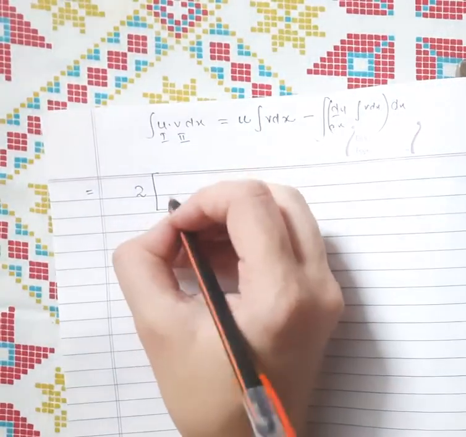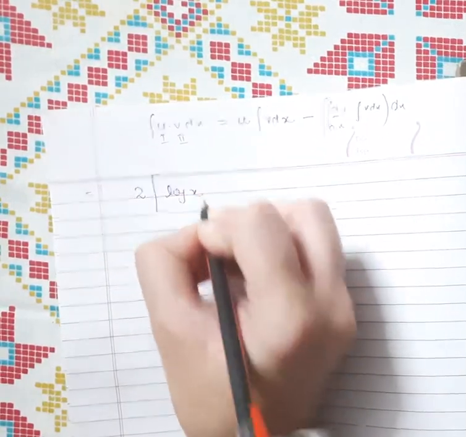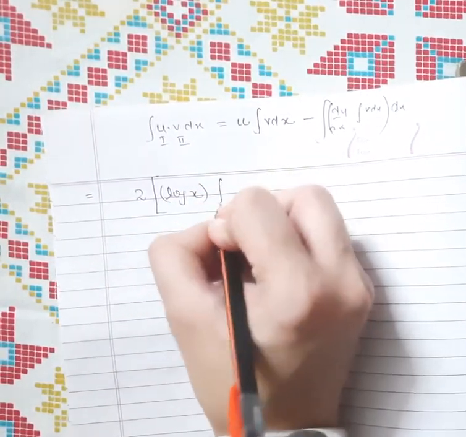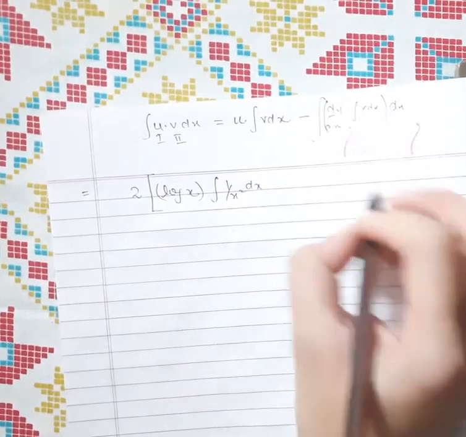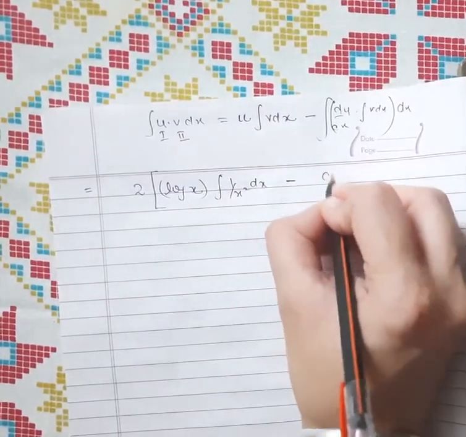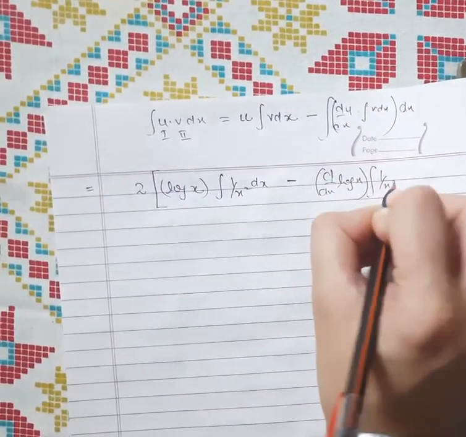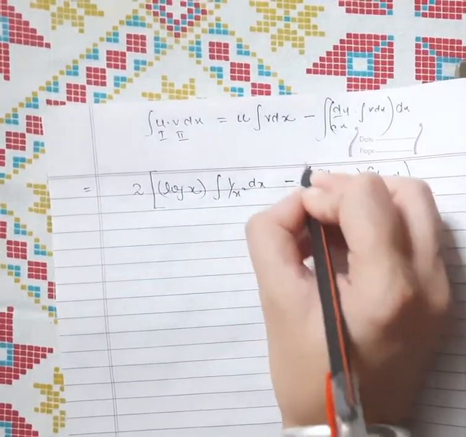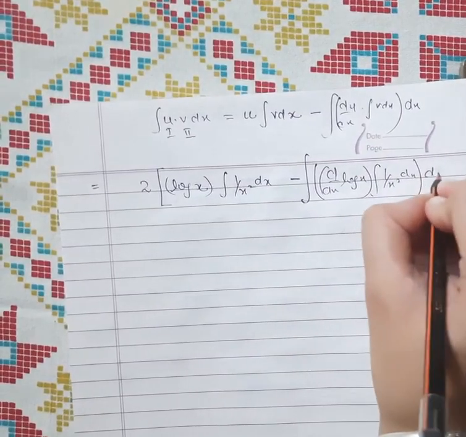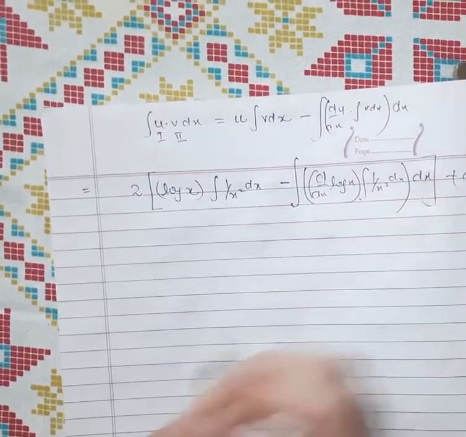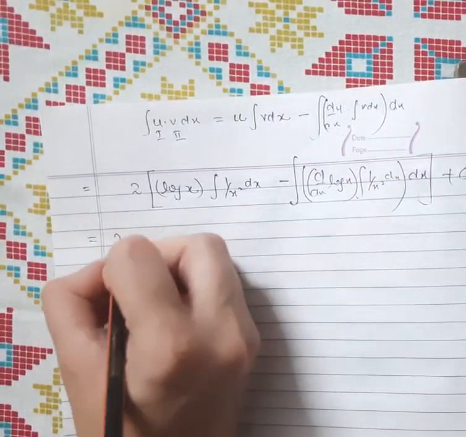This is what I am going to use here. So applying that, log x as it is, integration of 1 by x square dx minus derivative of log x, integration of 1 by x square dx whole bracket, then again integration with respect to x plus constant of integration c.